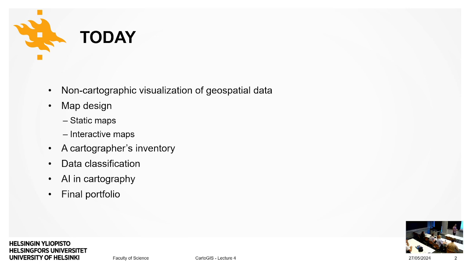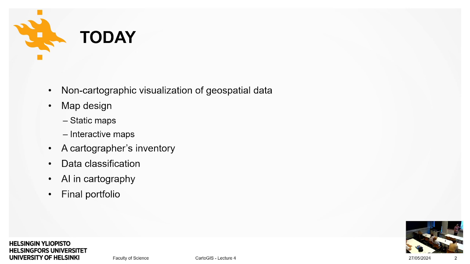Okay, so this is the overall structure of our talk for this morning. I will briefly talk about non-cartographic visualization of geospatial data. You saw the idea already in your last exercise, so we'll briefly go through that again. Then we focus on map design, roughly dividing maps into two categories: static maps and interactive maps.